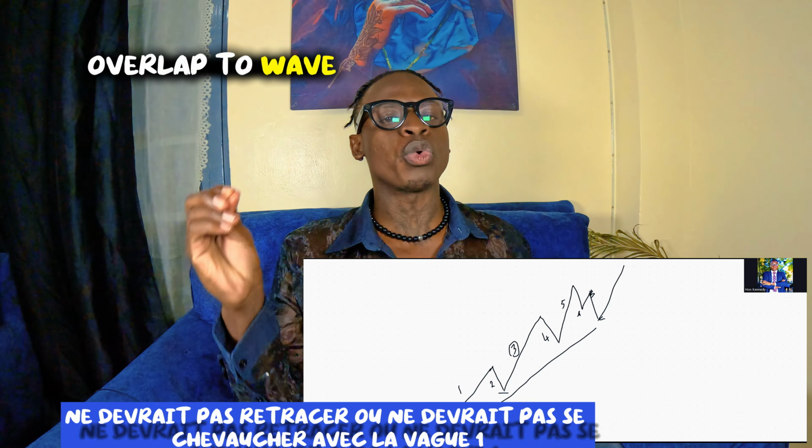So if wave 4 is retracing, at least it should take 50% of wave 3 in a simple way. If you use your Fibonacci retracement, the retracement should happen at least 50%, but it should not go and overlap to touch wave 1. That is the principle of wave 4.